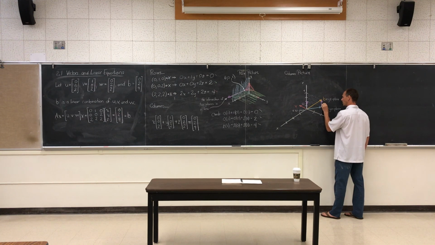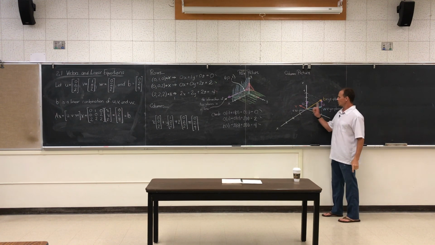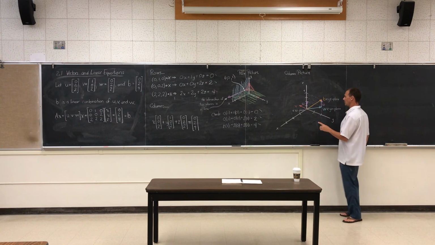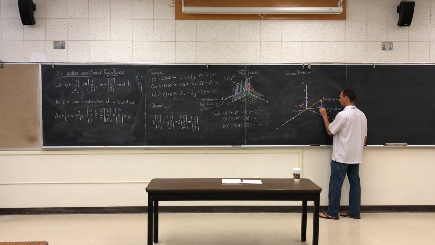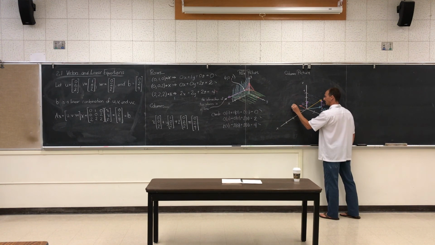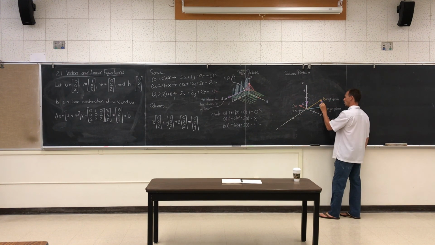So in other words, what did we do? How did we get U, V, and W to B? Well, we took one W. We didn't need any V's, and we needed one U. And there is our answer.